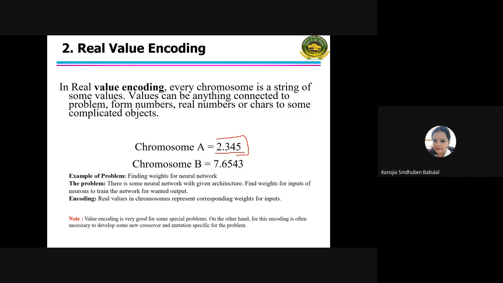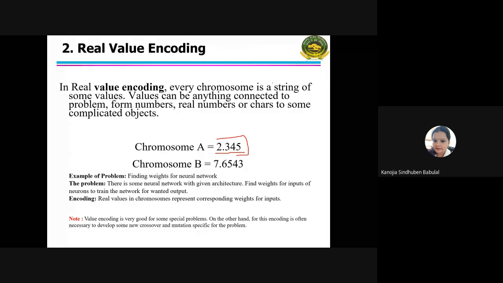That is important. So to decide how many bits I would require to store 2.345 and 7.6543, there are mechanisms by which we can find that out. And ultimately, if we find out how many bits are required, we can store this real value encoding also in binary form.